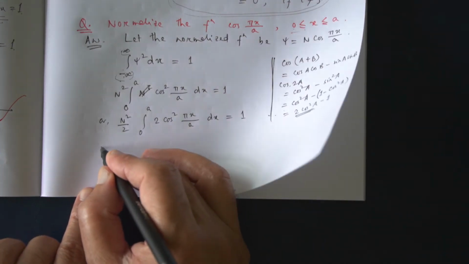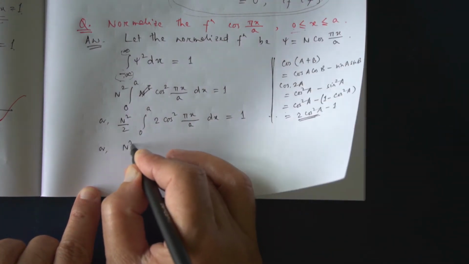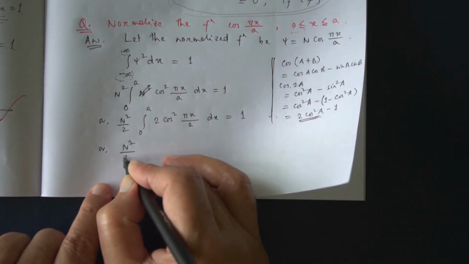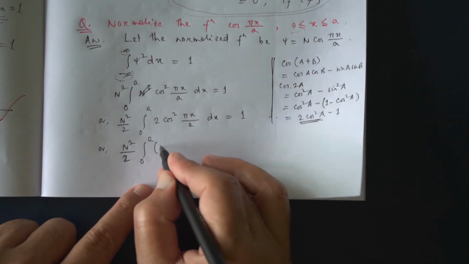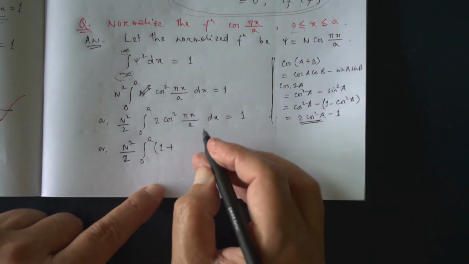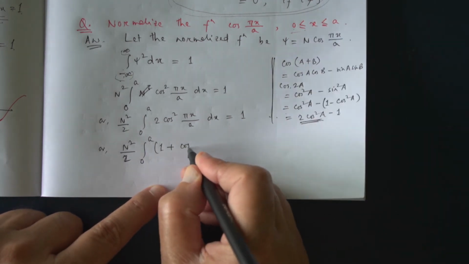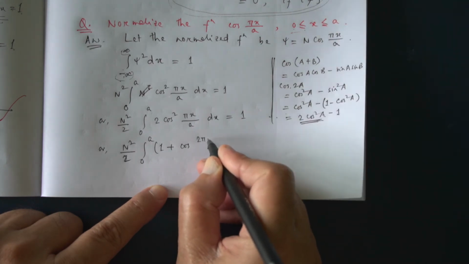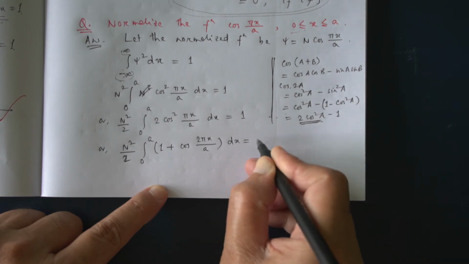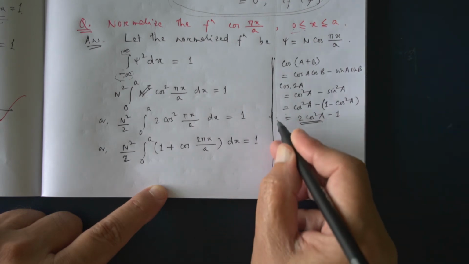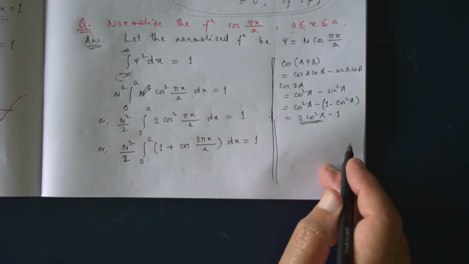So we can write n square by 2, integral from 0 to a of 1 plus cos of 2 pi x by a, dx, equal to 1.